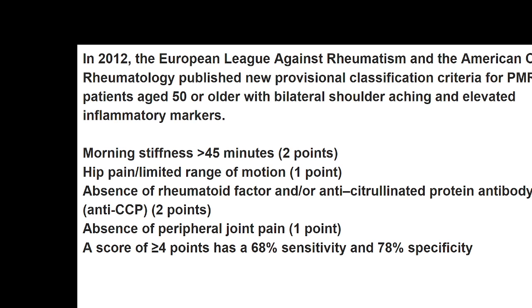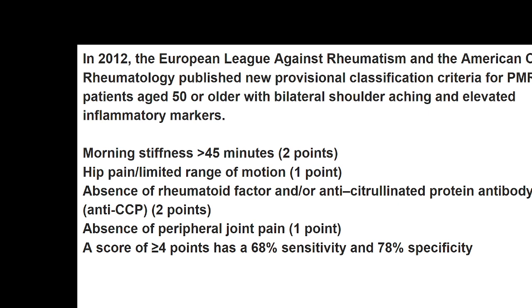The latest information about the guideline, by the ULR guideline in 2012, is a provisional classification criteria for PMR: age 50 years or older, bilateral shoulder aching and elevated inflammatory markers.